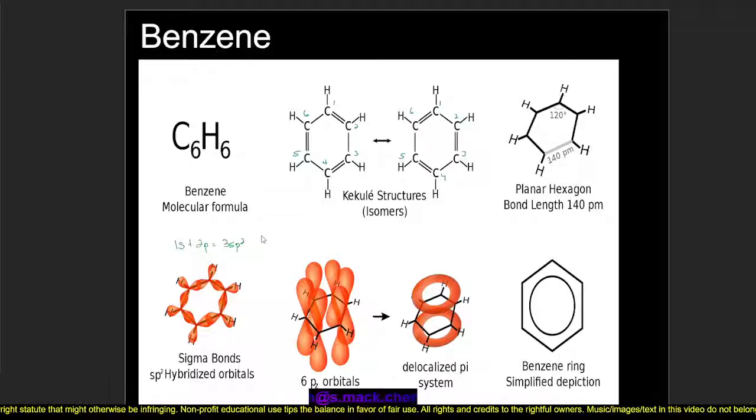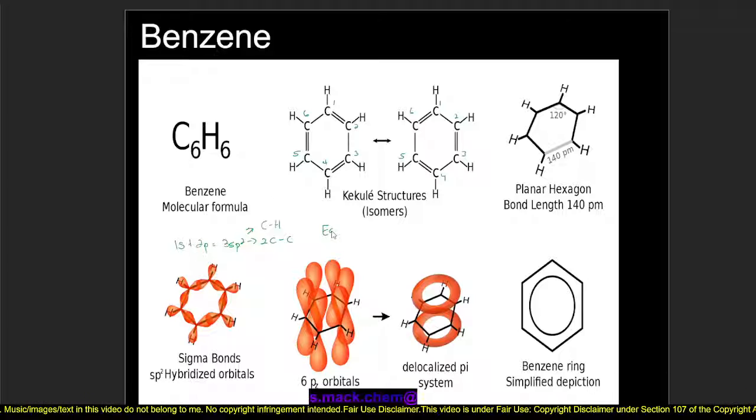These 3 sp2 hybrid orbitals give rise to the carbon to hydrogen bond for each carbon atom, as well as each carbon is bonded to 2 other carbon atoms. So our 3 sp2 hybrid orbitals will end-on overlap with 2 other carbon atoms and 1 hydrogen atom to give us 3 sigma bonds in total.